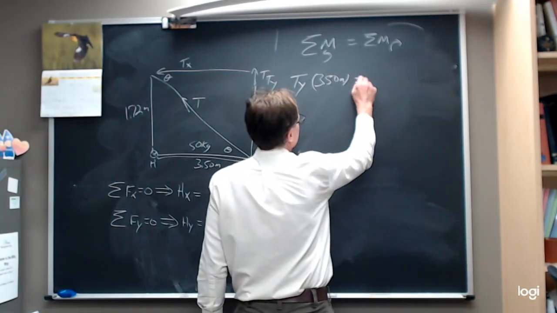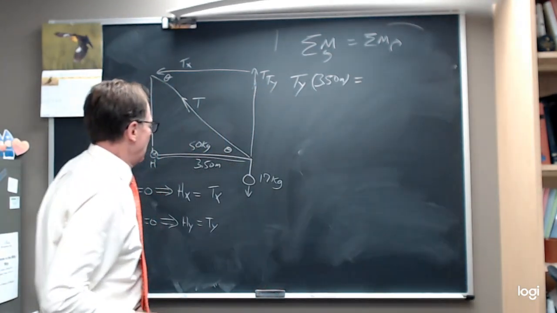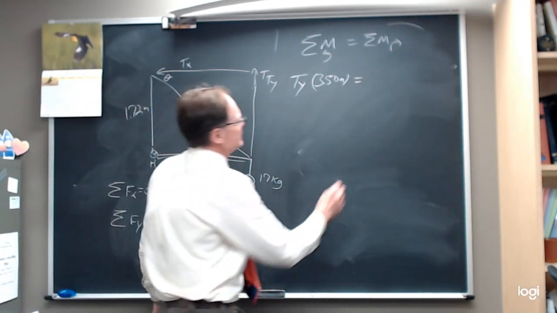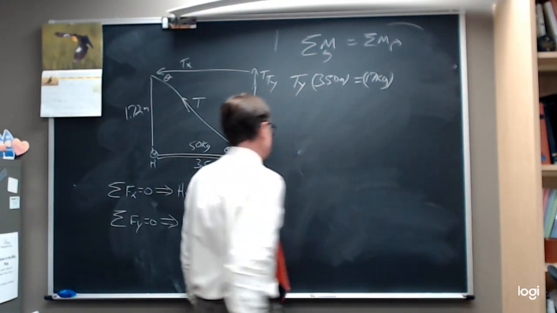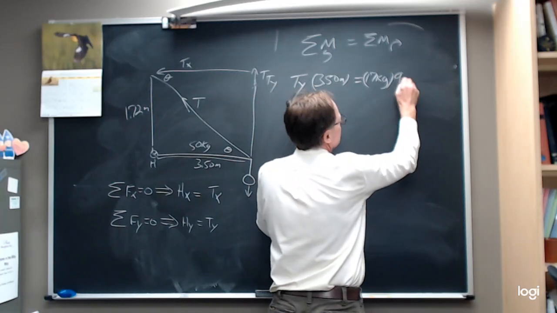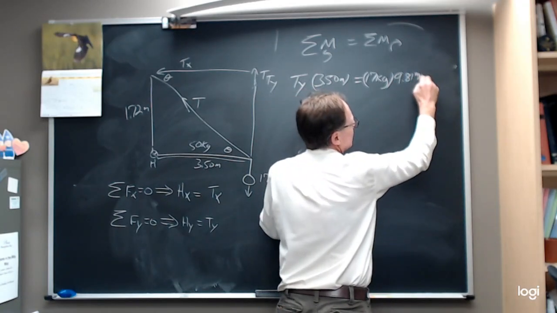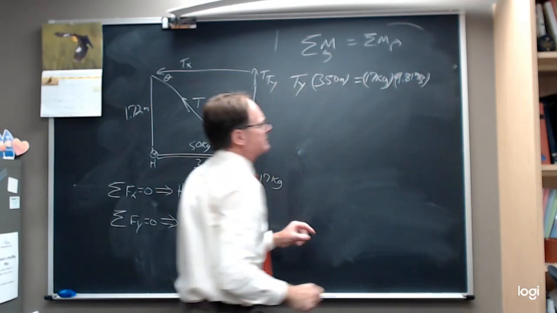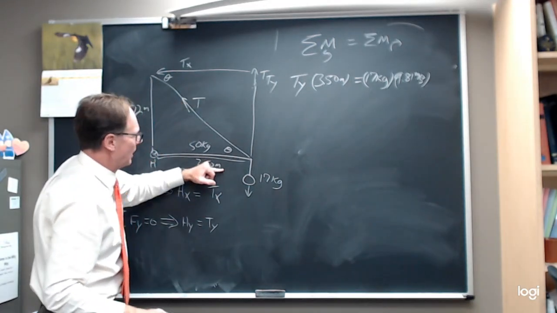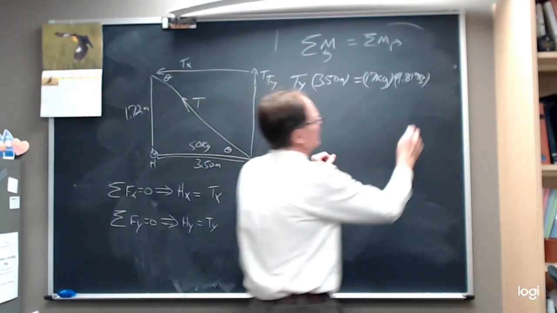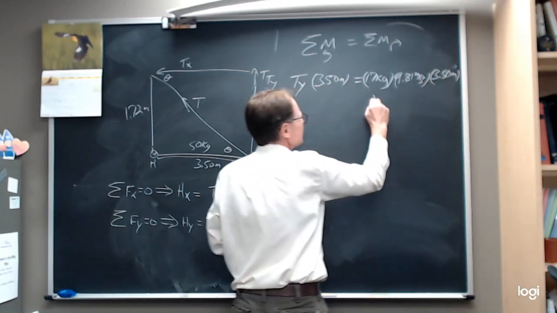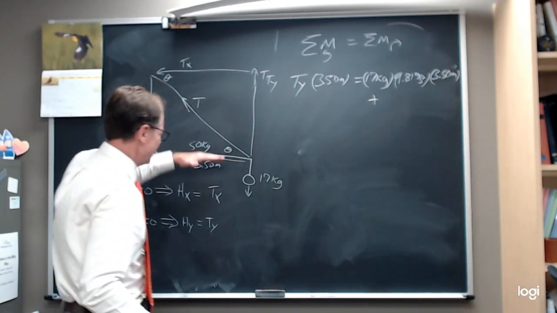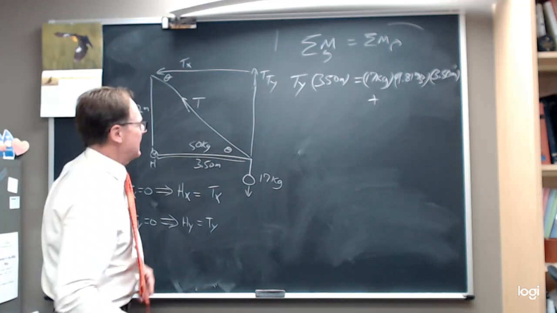So this has to be equal to the weight of the bag, which is 17 kilograms times 9.81 meters per second squared times the moment arm, which is 3.50 meters, plus the weight of the beam is going to cause it to want to rotate that direction too.